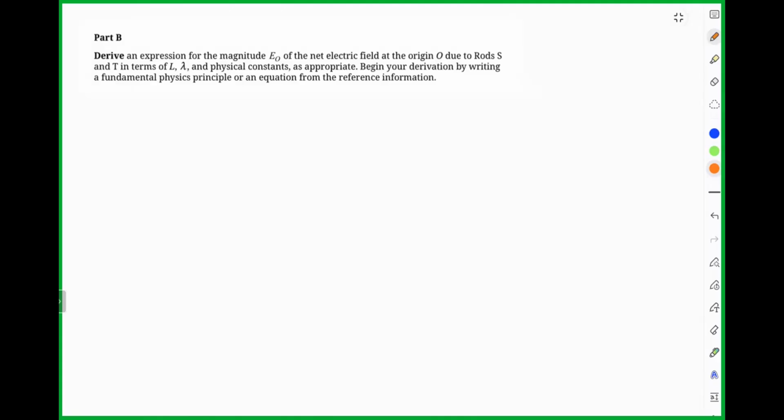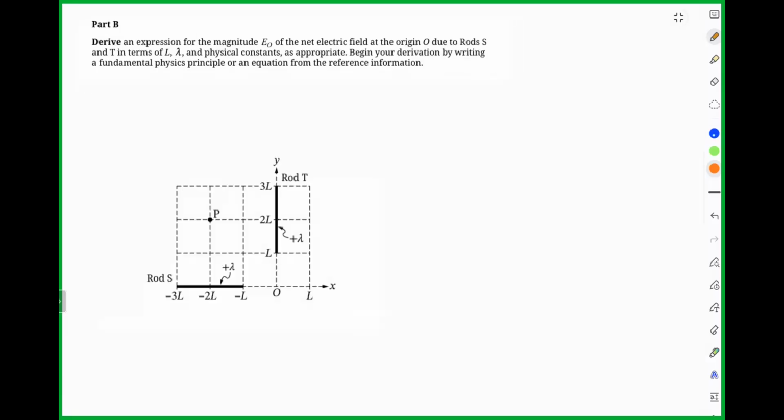So part B is asking us to actually derive an expression for the magnitude of E naught at the origin due to both rods. So let's first grab our diagram. So here's our diagram, and as we discussed earlier, there are going to be two contributions of the electric field at the origin, namely the electric field due to rod T and the electric field due to rod S. So the first thing we'll note is that both of our rods have equal length, are at an equal distance from the origin, and have the same charge density.